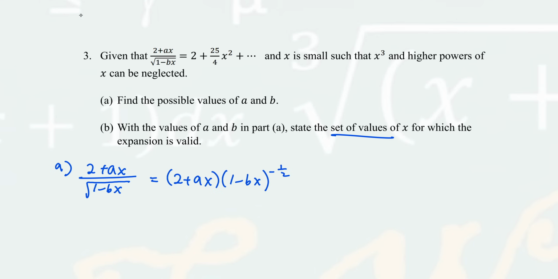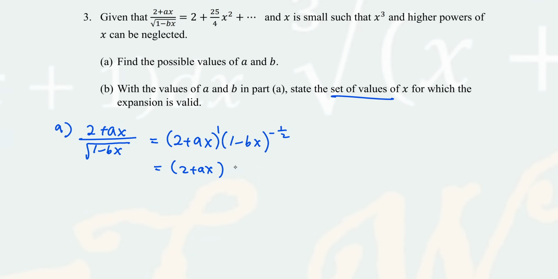Okay, so as usual, make sure it is 1 plus first. So I will rewrite. Now, first term, 2 plus ax is with degree 1, so we are not going to expand it. Therefore, just rewrite. Then I will write 1 plus negative bx, degree of negative half. Okay, so the expansion is for the second term, it's not for the first term.